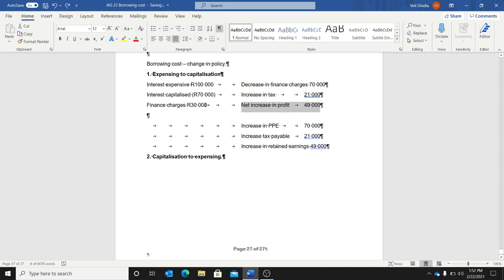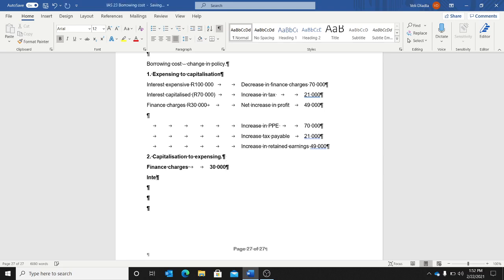Now let's deal with the situation of capitalizing. If you are capitalizing, now you want to expense. What it means is your finance charges will start at 30,000. That is your starting point. Now, because you are capitalizing, now you want to expense. It means you are going to bring back the interest capitalized into the books.